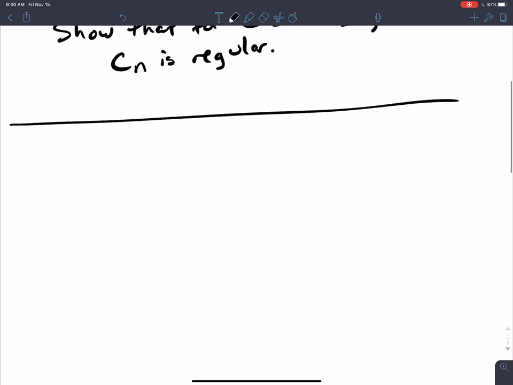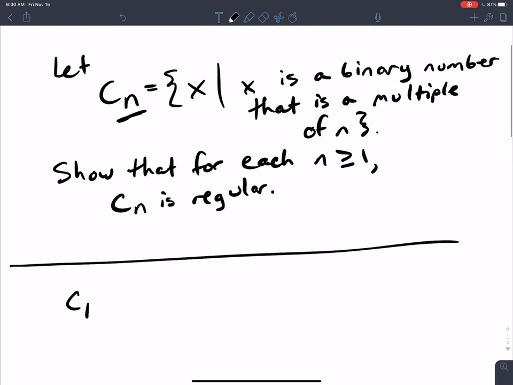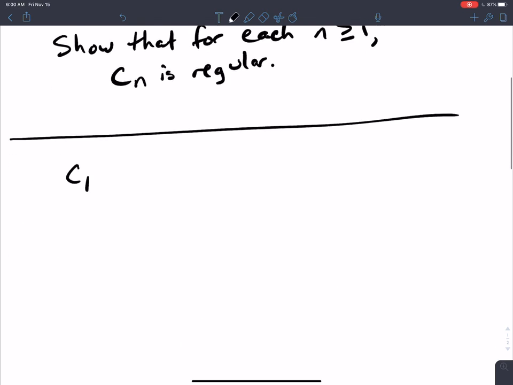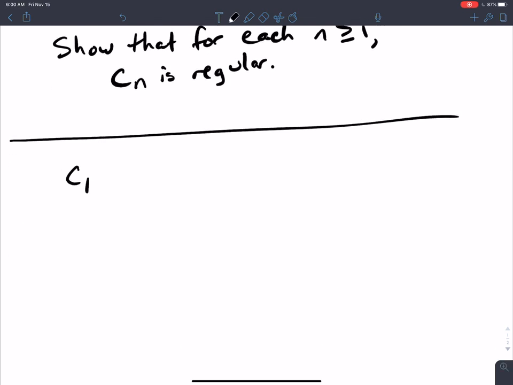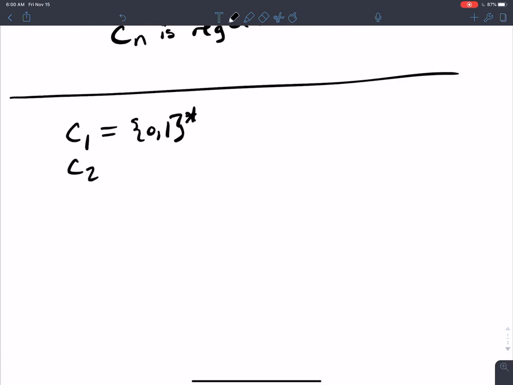So let's look at C1. C1 is all of the binary numbers that are a multiple of 1. Well, that's literally every binary number in existence. So that is {0,1}*, which is clearly regular. C2 is essentially all even numbers for that reason.